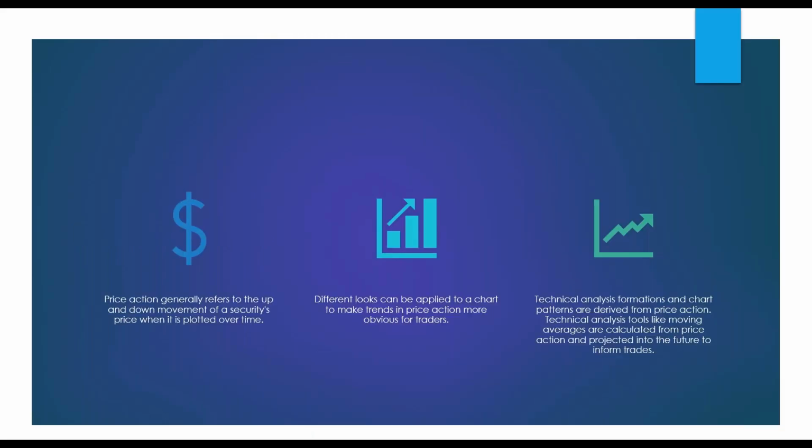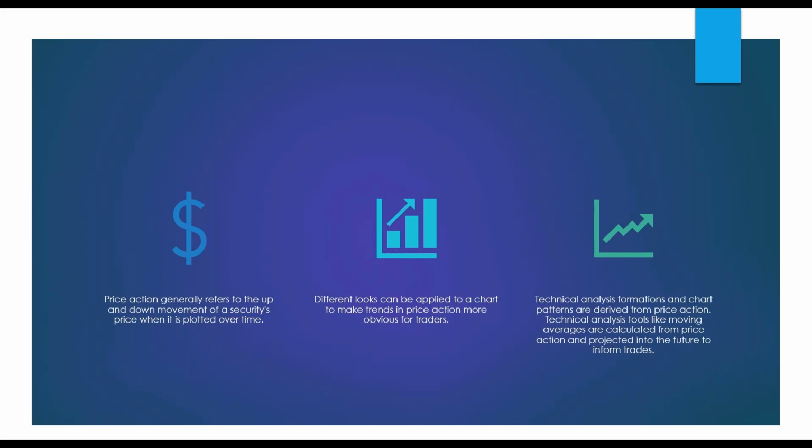So price action generally refers to the up and down movement of a security's price when it is plotted over time. Different looks can be applied on a chart to make trends in price action more obvious to traders. Technical analysis formations and chart patterns are derived from price action.